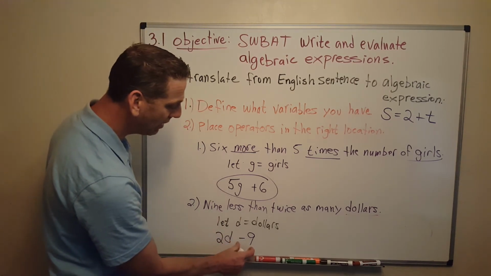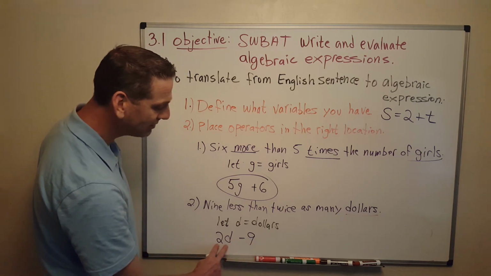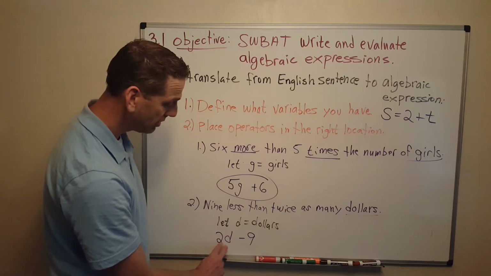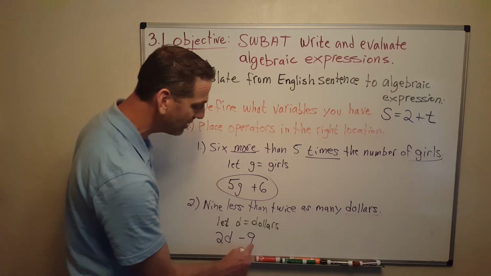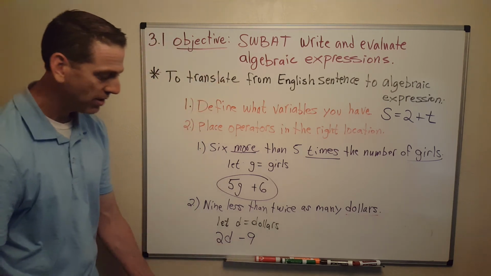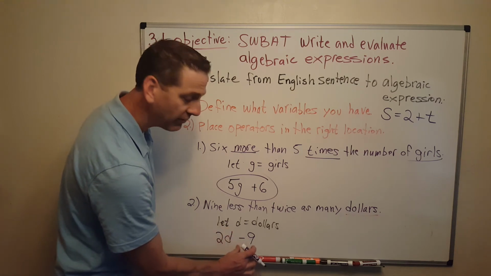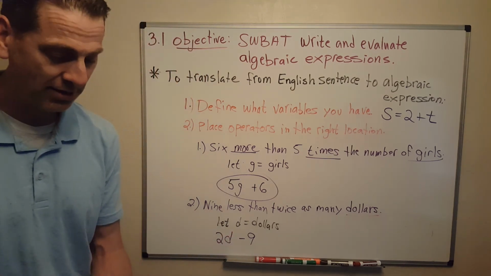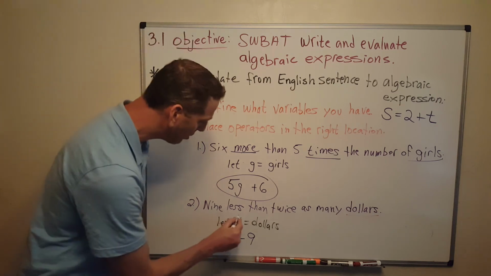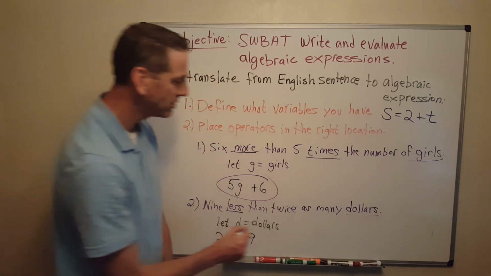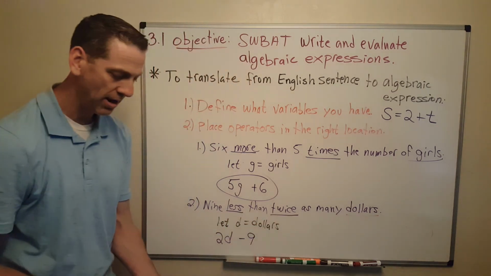So 9 less than twice as many dollars is 2 times D minus 9. Whatever I have over here, I have 9 less than that. Just be careful with that word. Less means subtraction. Twice means multiply.